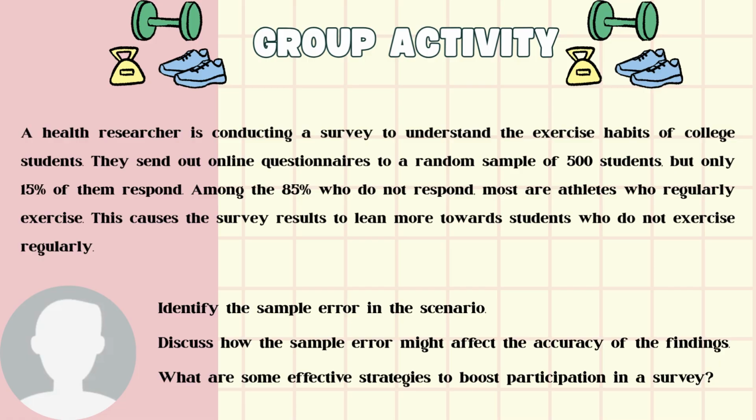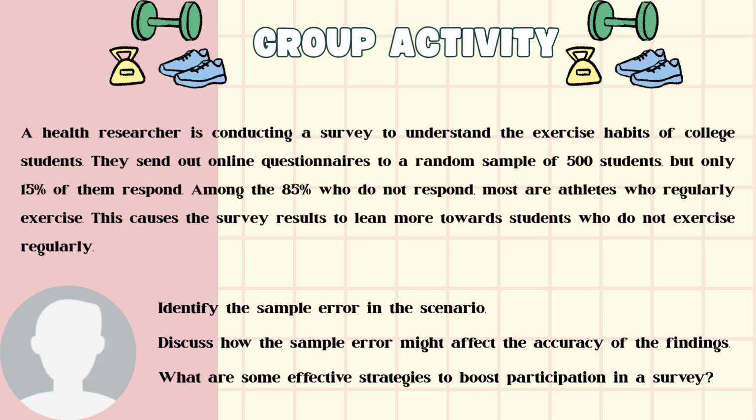Your first goal is to identify the sample error in the scenario. Then you will discuss how the sample error might affect the accuracy of the findings. And finally, you will list some effective strategies to boost participation in a survey. I'm going to allow you a few minutes to get your answers.